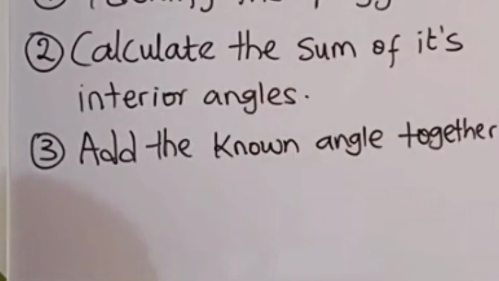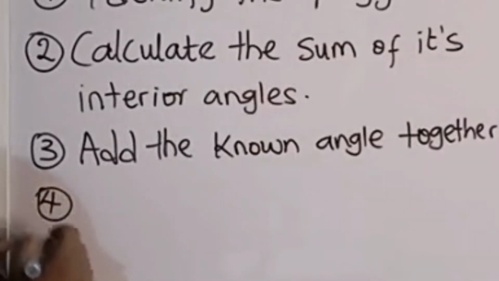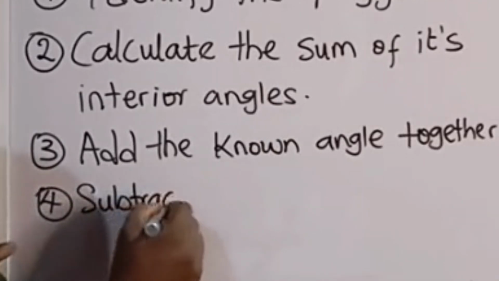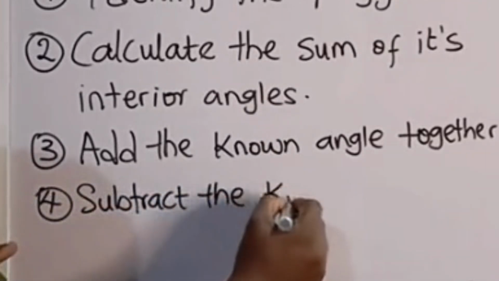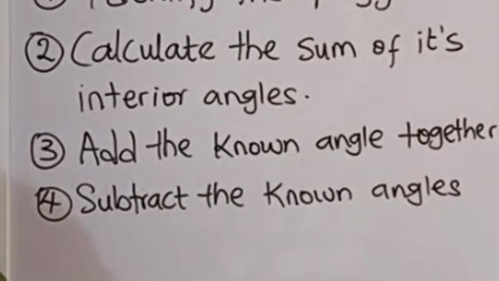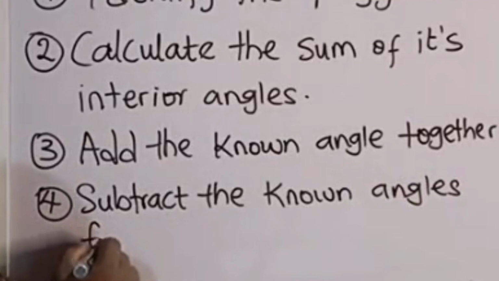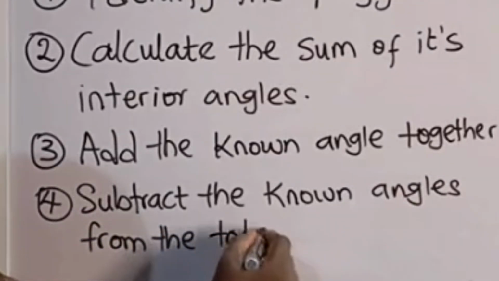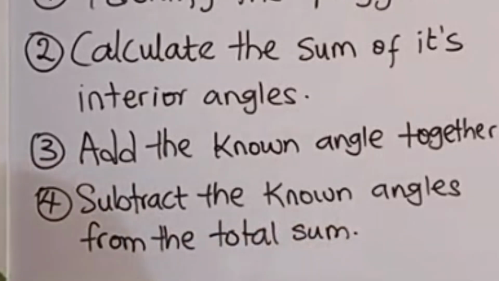And then finally, you subtract the known angles from the total. So this is a 4-step process that we have to go through in order to find a missing angle of a polygon. Now we are going to look at an example.